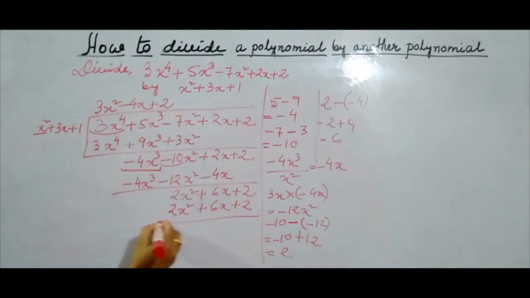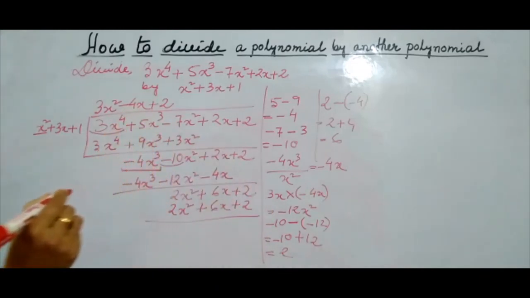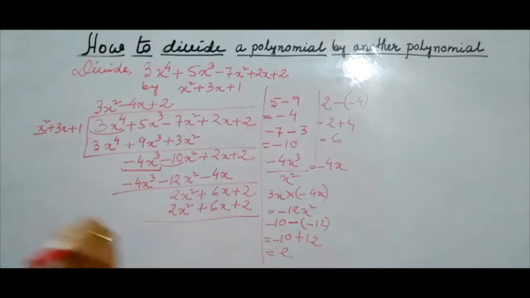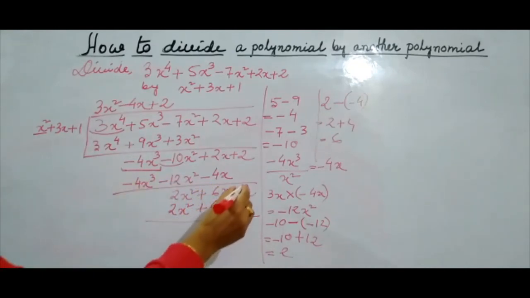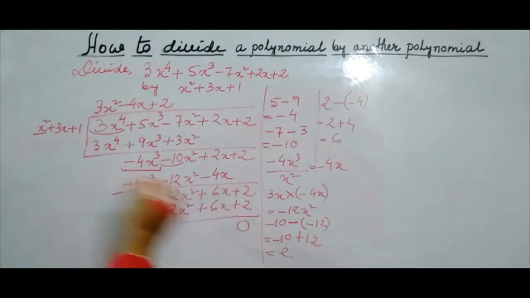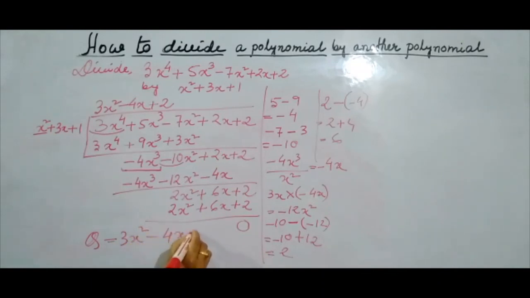Now you just see this polynomial is equal to this polynomial. So this minus this is 0, this minus this is 0, this minus this is 0. So the remainder is equal to 0. At last you write quotient equal to 3x square minus 4x plus 2 and remainder equal to 0.